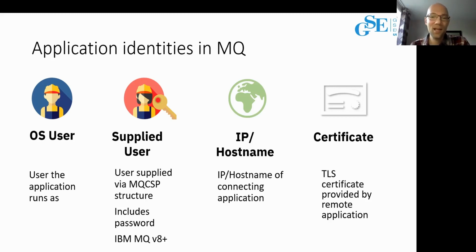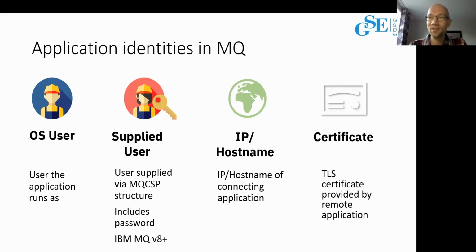Something that is a lot better, you might say, is a certificate. Again, we're talking about applications or queue managers that are connecting in over the network rather than being locally bound. If that connection is using TLS, then you're probably familiar with TLS. You'll know that there are certificates that get exchanged between the client and the server during the TLS handshake.